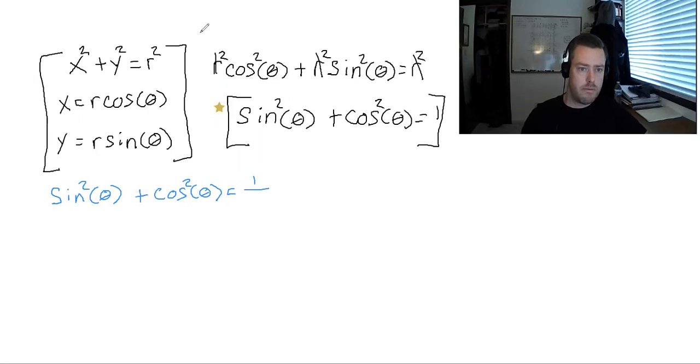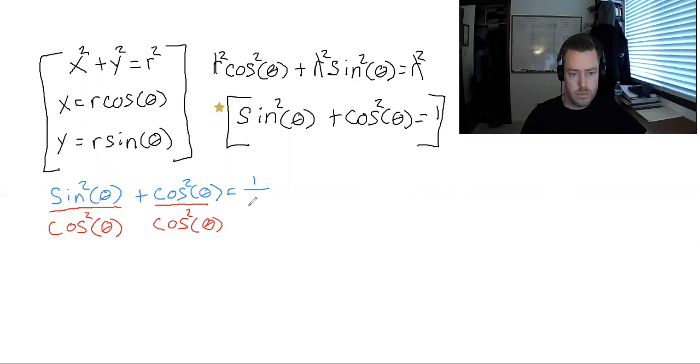And remember, we're going to divide everything by cosine squared of theta. Divide that, divide that, and divide this.